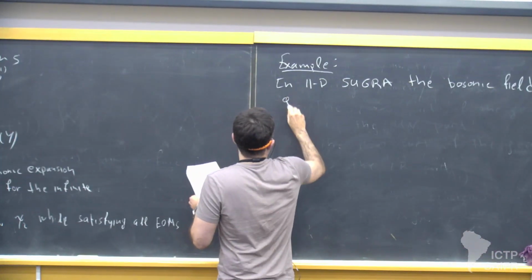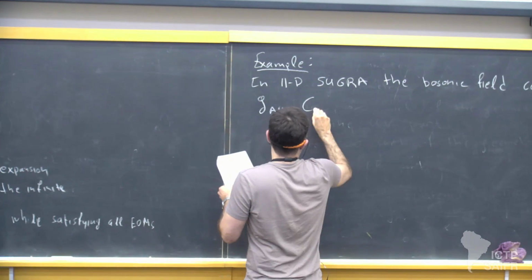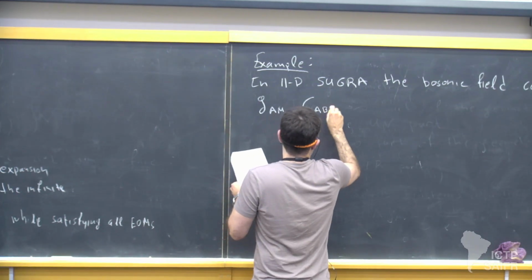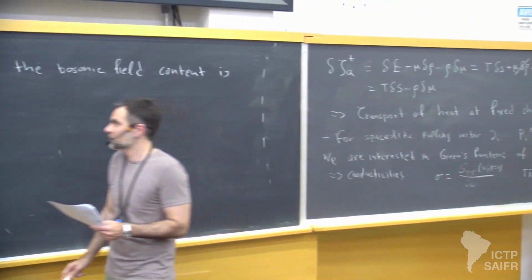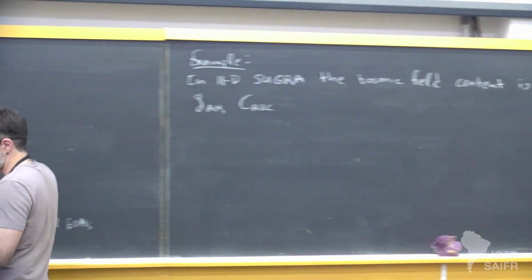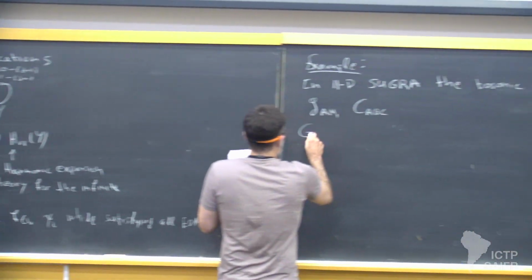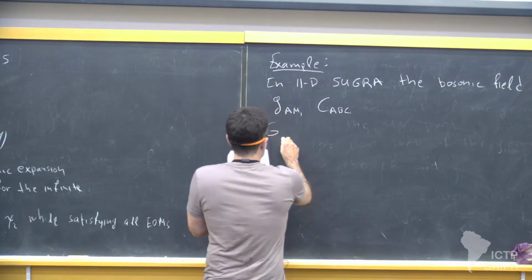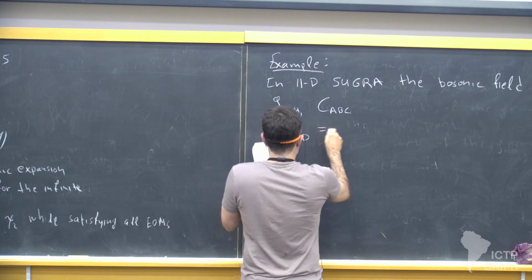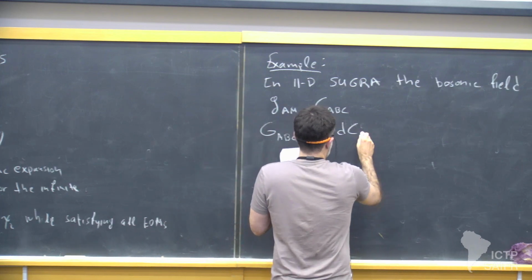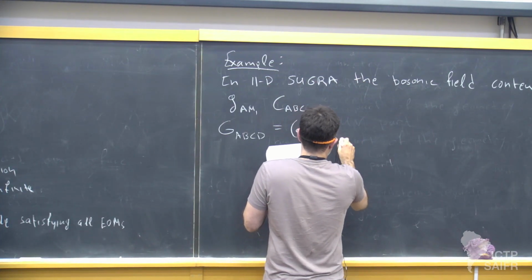the 11-dimensional metric, of course, and supersymmetry also demands that there is a 3-form, a rank 3 antisymmetric field present. And the gauge invariant object is a 4-form, which is basically the field strength of the 3-form.